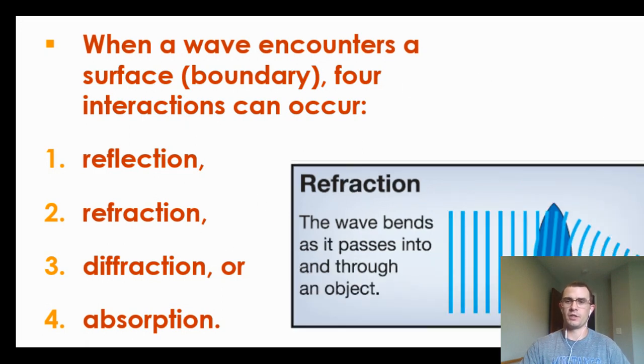Refraction is another example. Here's an example of a light wave passing through a lens. The wave bends as it passes through this object, and we change the way that wave is coming in, or leaves, I guess. We're changing the shape of that wave after it passes through an object. We all have a lens in our eye that does this.